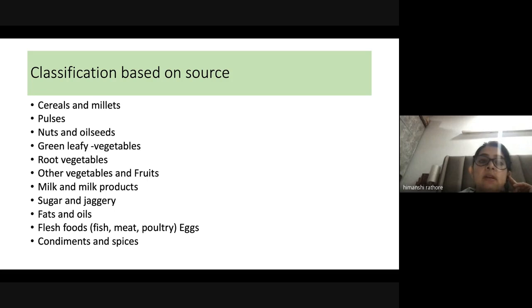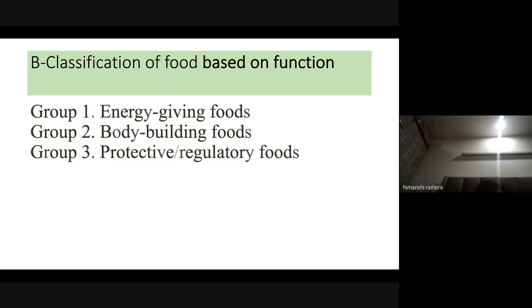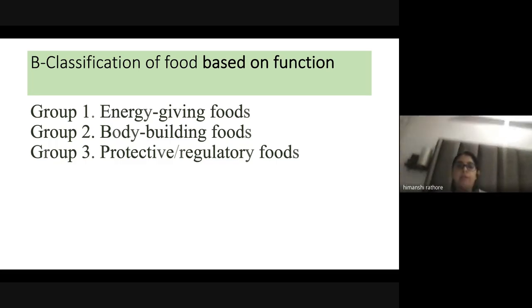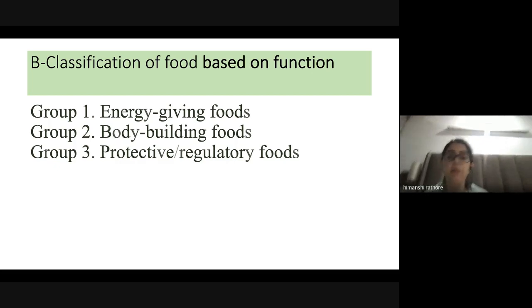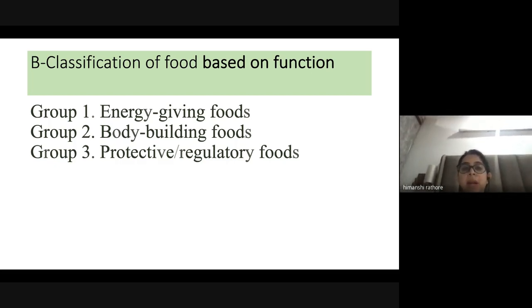Now second is classification of food based on functions. As I discussed with you in my yesterday's lecture, we have three basic groups from which we have to choose our food. One is energy giving food, another is body building food, then we have protective and regulatory food. If you remember, I will not go into detail because we have less time, and I have already talked about that in my yesterday's lecture.